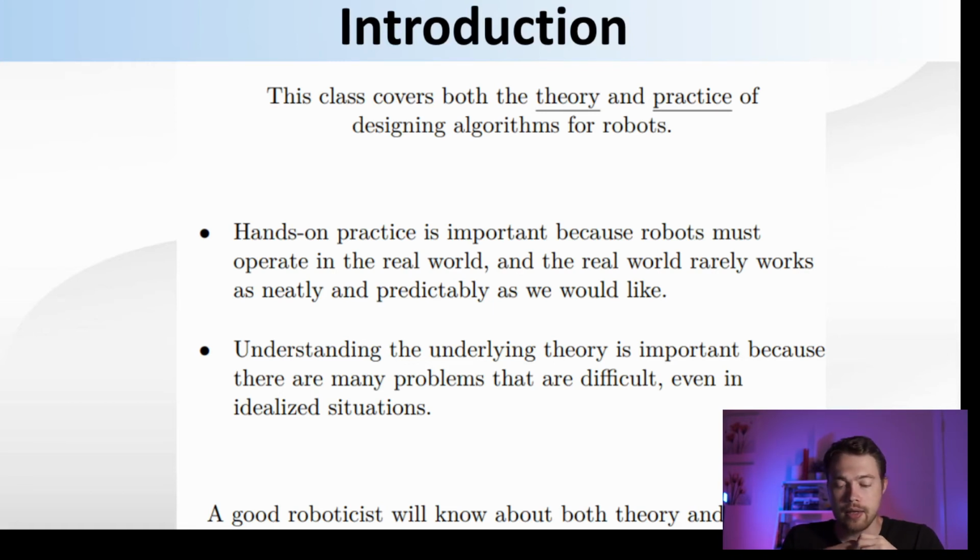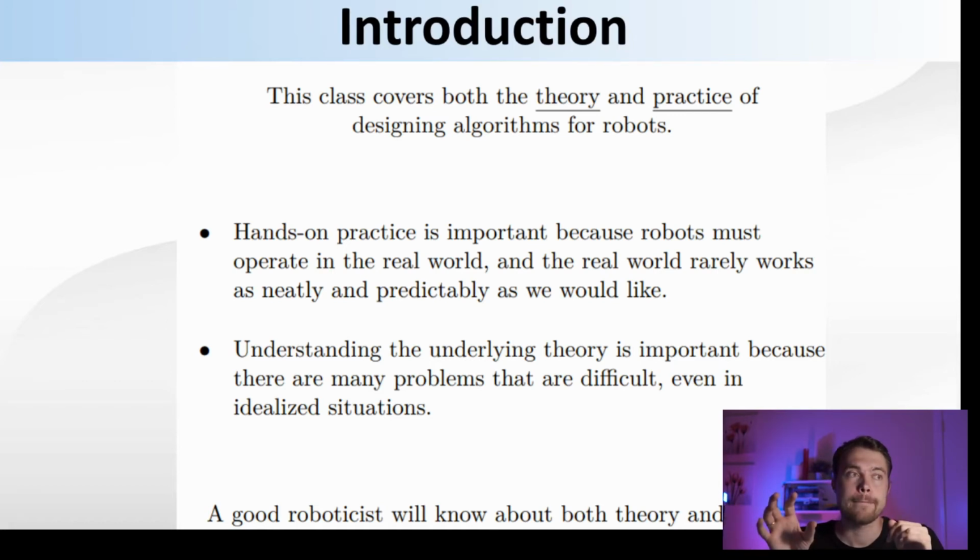Understanding the underlying theory is important because there are many problems that are difficult even in idealized situations. Usually, when we're talking about robotics, a lot of times people create a simulator for a robot. They first write the code for the robot and then deploy it to the simulator. That actually happens with drones a lot.